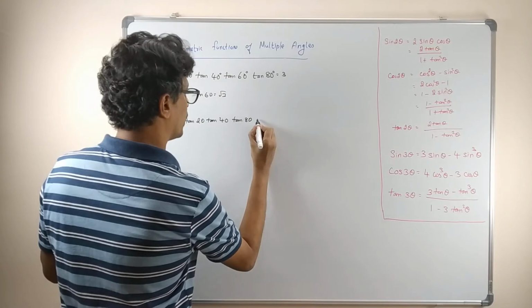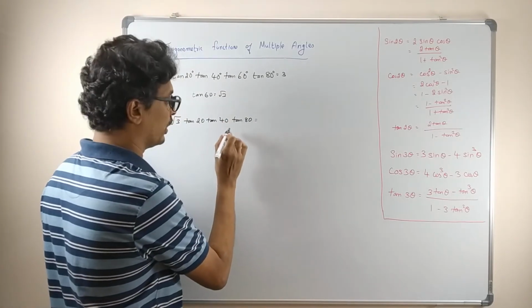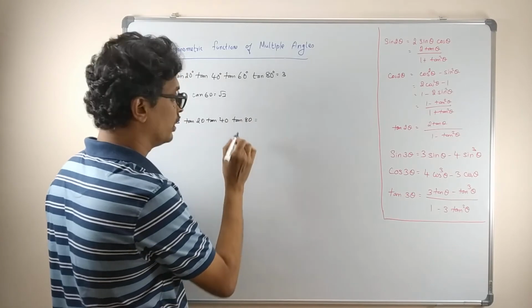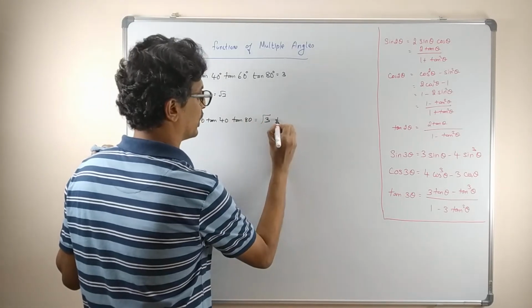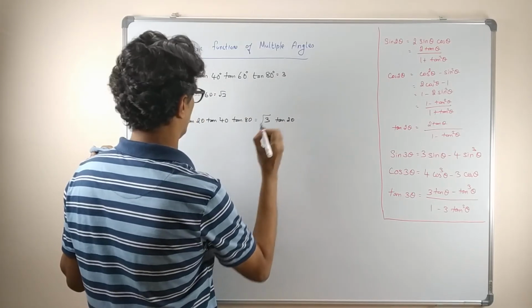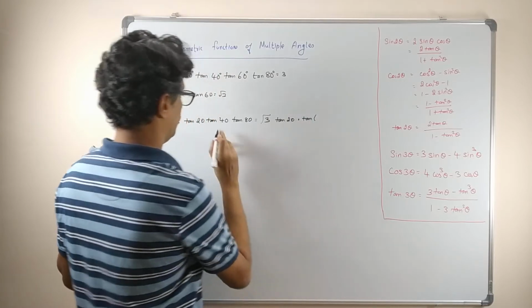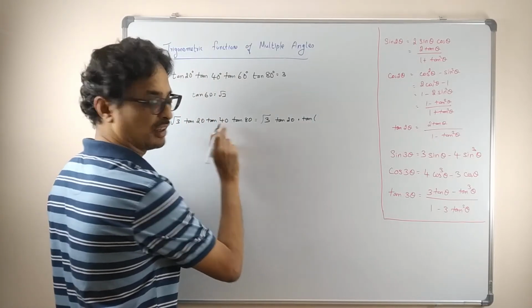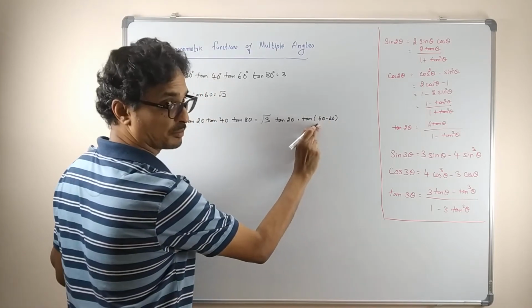Okay, so this is what I can write instead of this. Instead of writing as 2 into 20 or 4 into 20, I can write this one as tan 60 minus 20, because I know the formula for 60.